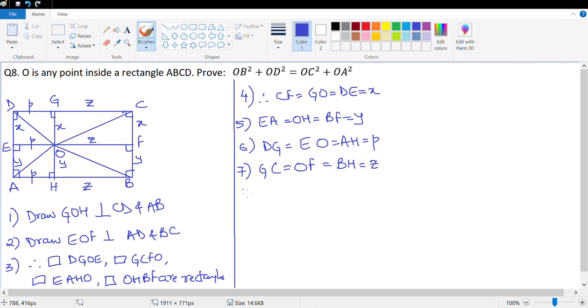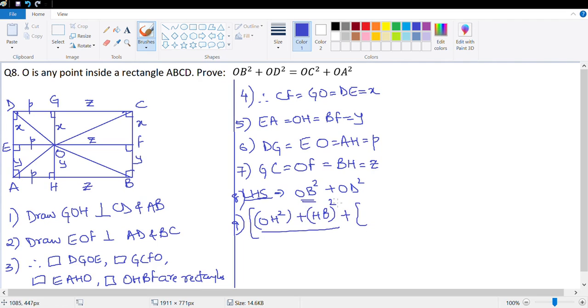Let's see what we get. So left hand side is equal to OB square plus OD square. Now OB square is a part of the right angle triangle OHB. So OB square is equal to OH square plus HB square. OD is a part of the right triangle EOD, so OD square is equal to ED square plus EO square.